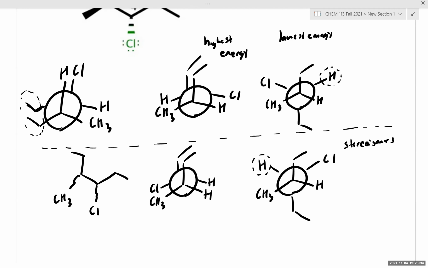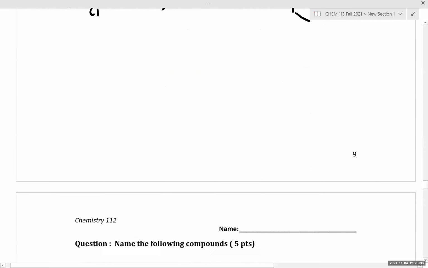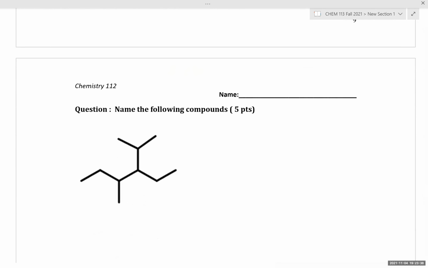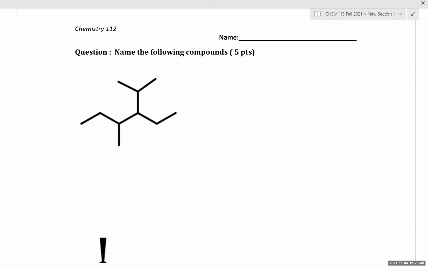Any questions? Perfect. Okay, let's now do some naming problems. So in this case, we're asked to name the following compounds. You can do a lot of practice with this using ChemDraw. So first, we have to identify the longest chain that has the most branching.